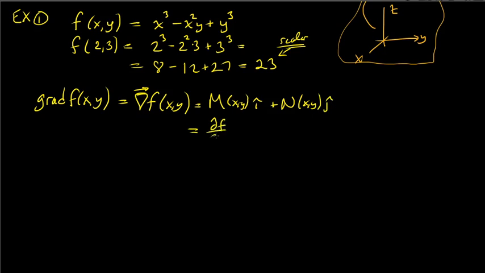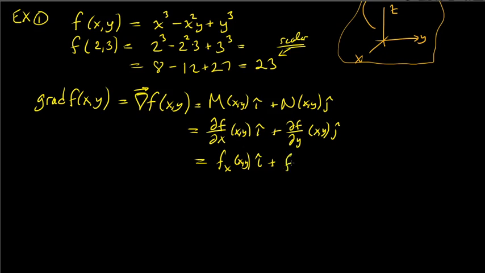The partial of f with respect to x is your m, and n is the partial of f with respect to y. I know I should use a z here, but in the usual notation you can also do f subscript x for the i component, and then f subscript y for the j component. But those are our m's and n's for the gradient. So the gradient of a scalar function is a vector field.